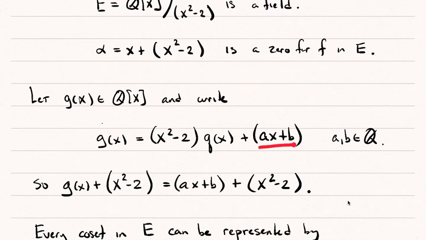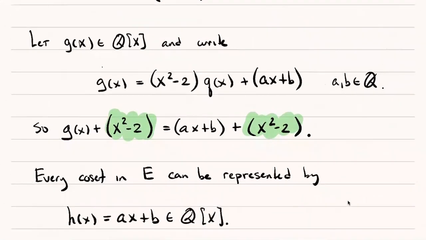All right? So g minus that remainder is a multiple of x squared minus 2. So g and that remainder represent the same coset. Can you guys see there's a lot of parentheses going on here? This is the ideal. So I'm looking at the coset containing g and the coset containing ax plus b, and they have to be the same.